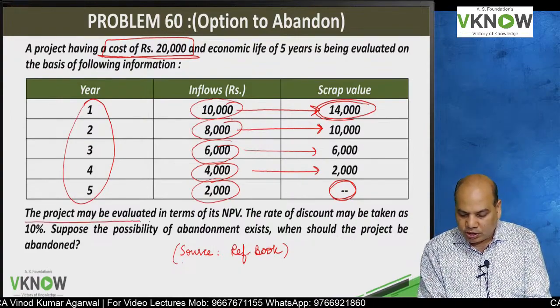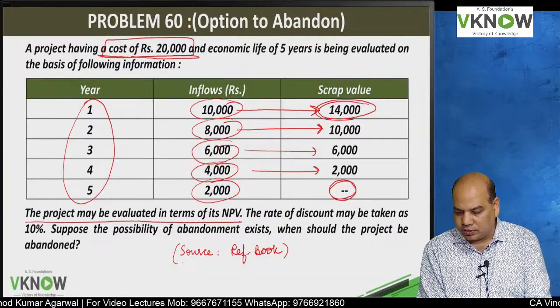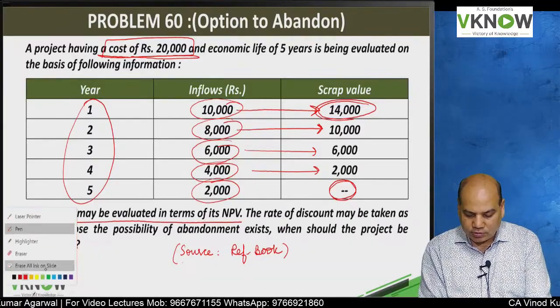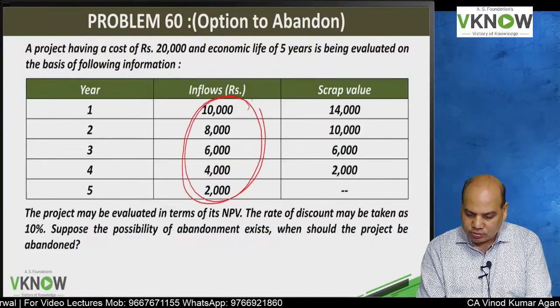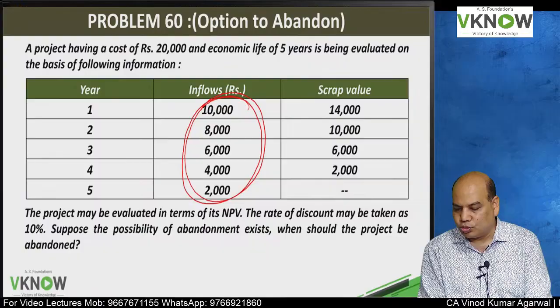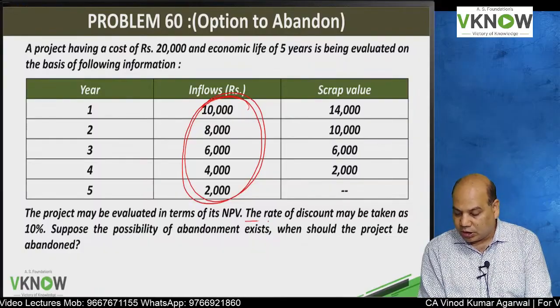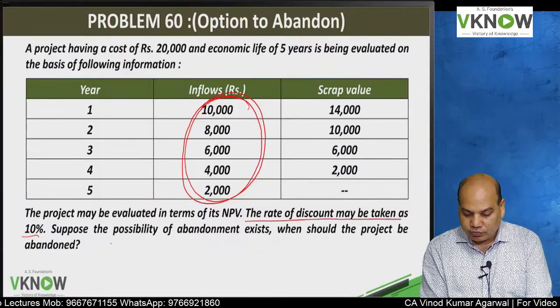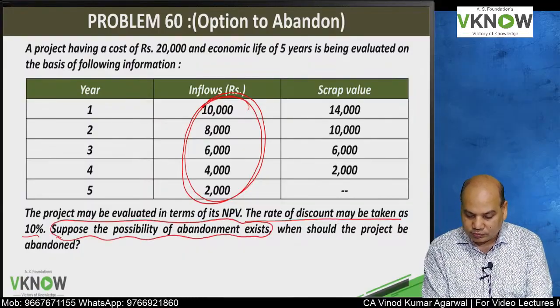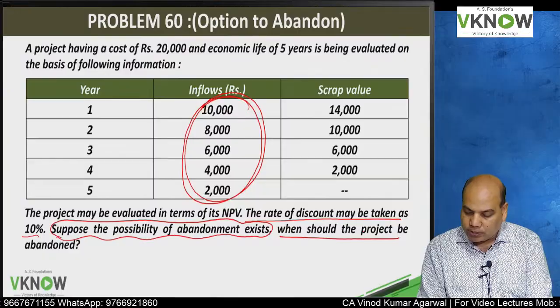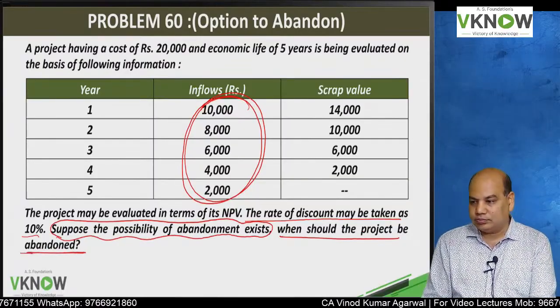The project may be evaluated in terms of its NPV. First we will see NPV of the original estimate, that is, go up to 5 years. The rate of discount is 10%. Suppose the possibility of abandonment exists. When should the project be abandoned?